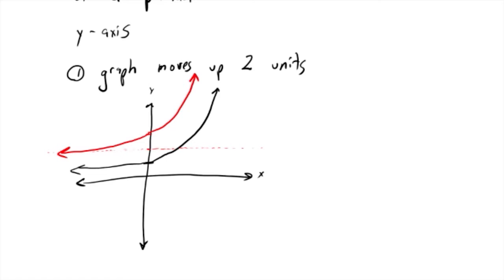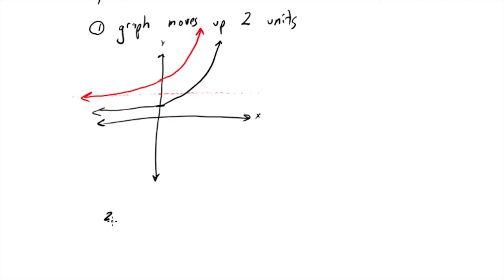So then we have the second case where y equals 2 to the x minus 1. You can already guess what is going to happen to this graph. So we have a -1. So the graph will be moving down by 1 unit. So again, we'll graph this one in red.